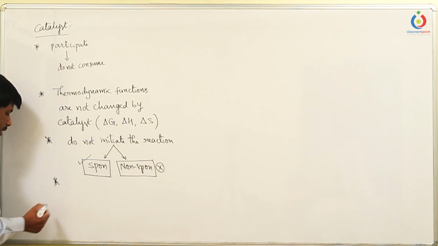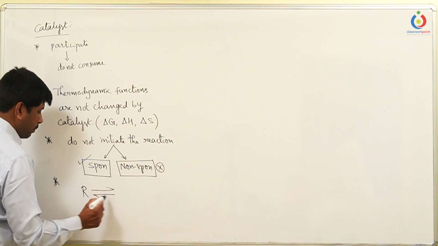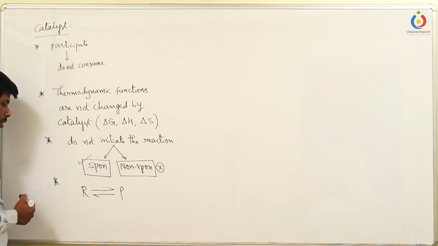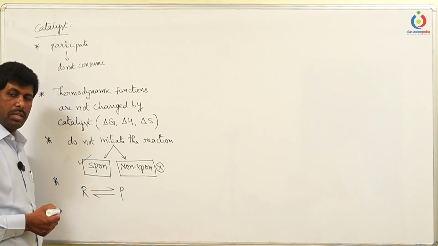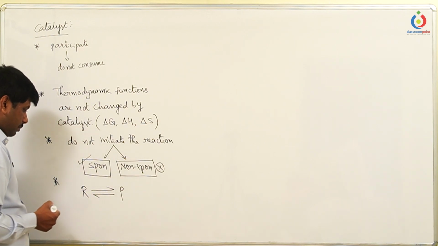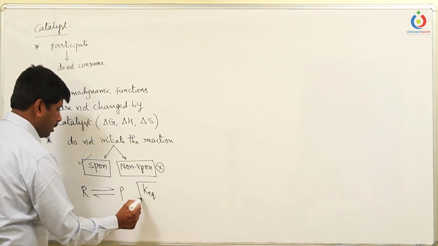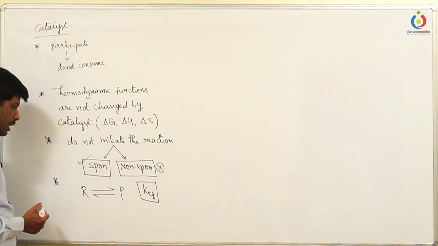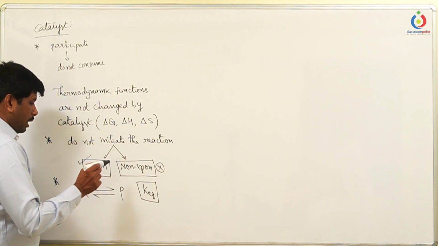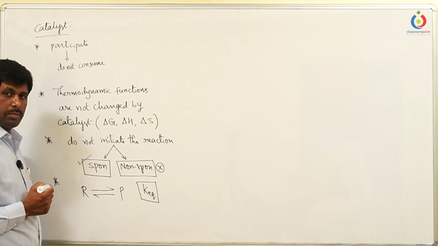We know that in equilibrium reactions, both reactants and products are in the equilibrium state. The reactant can be converted into the product, and the product can also come back to the reactant state. The constant for this reaction is called the equilibrium constant. Equilibrium position is not influenced by the presence of the catalyst.